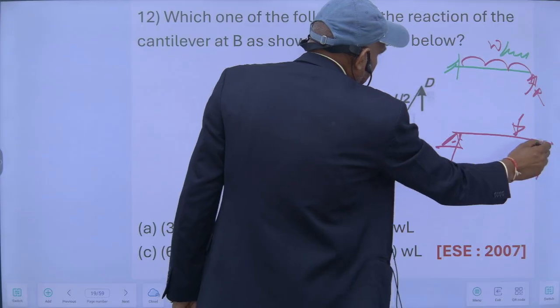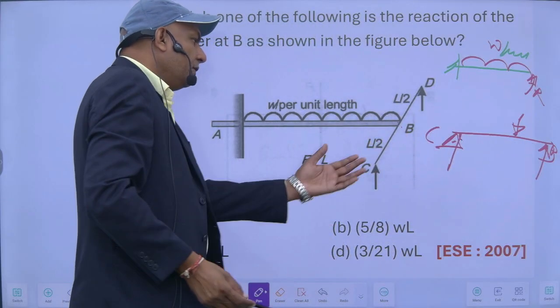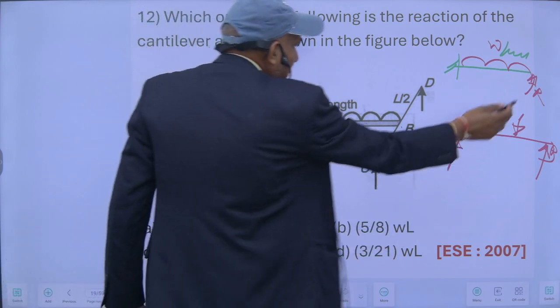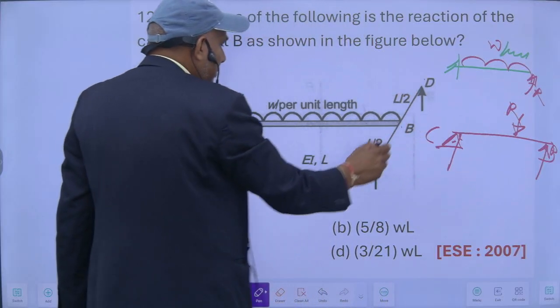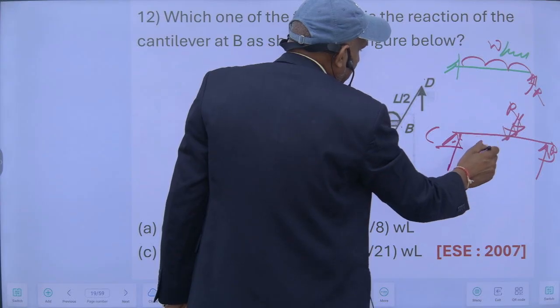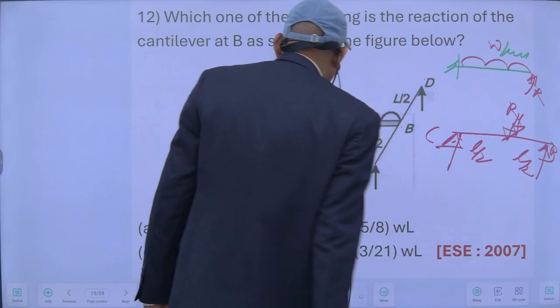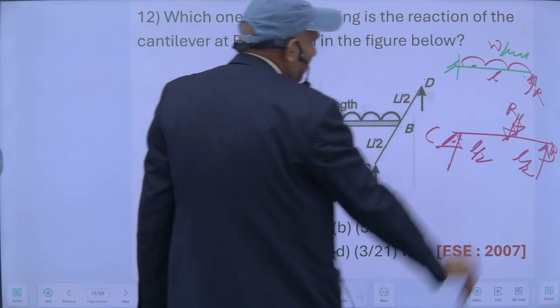This is CD. If this beam will provide some reaction R, and the same reaction will be here, so this is R, and this length is also equal to, this is at the center, L by 2, L by 2. This length is also equal to L, means length, this length is also.